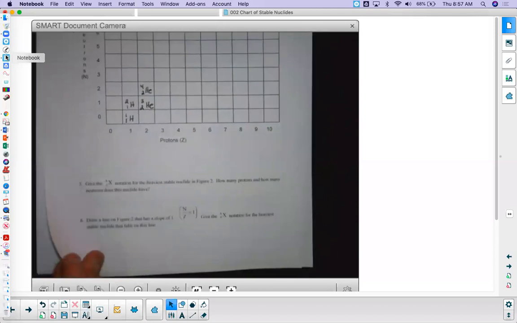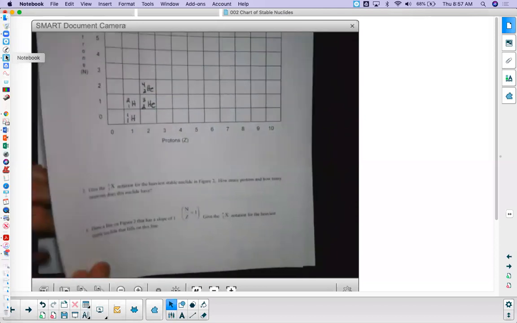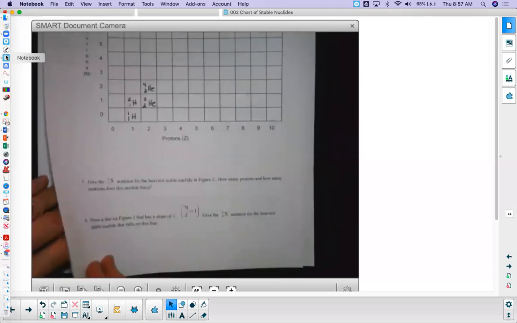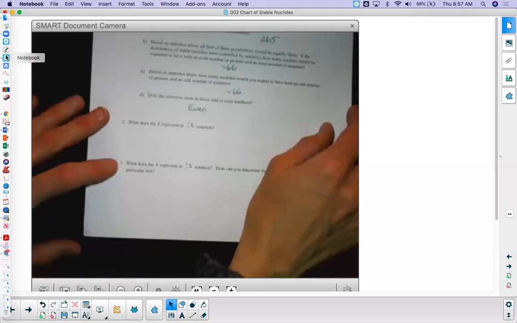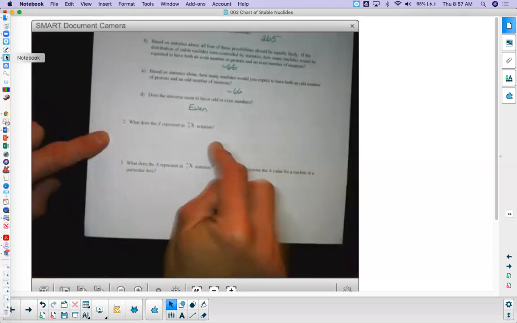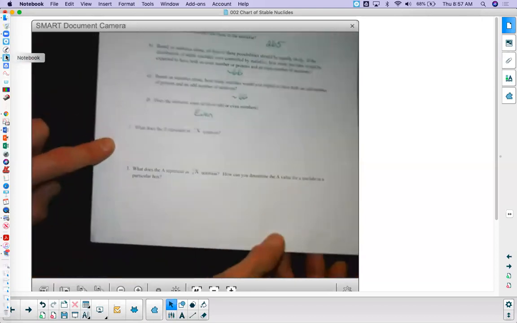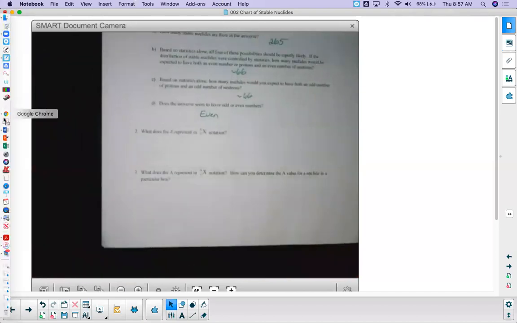Okay, at this point, we really just need you to spend some time reading the chart and answering some of these questions to try to make sense of the chart. So I'm going to have you move your tables and get together with your teams. Backtrack to number 2 and start working your way through using these charts to answer the questions.